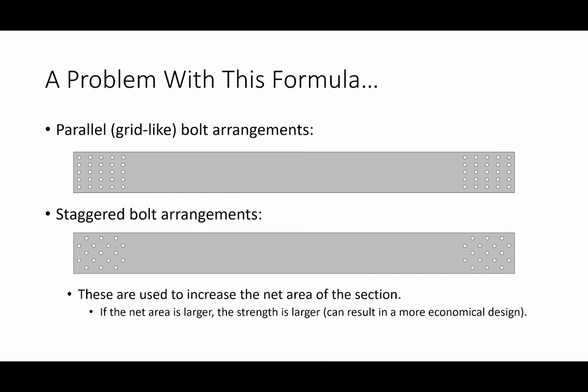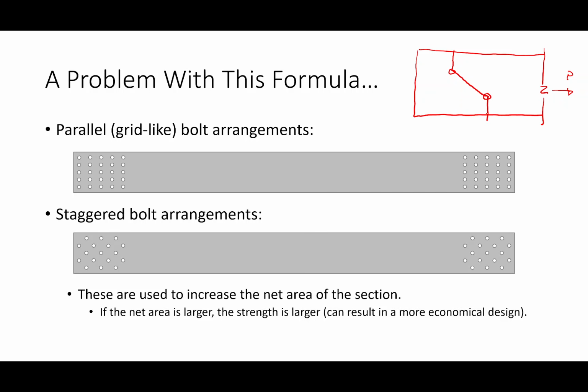To give you a view into what's going to go on here, let's do a really simple problem. Here's a member and I'm yanking on it, and I'm going to try to compute the net area. Let's say it has 2 bolt holes, and I want to determine the failure along this path.